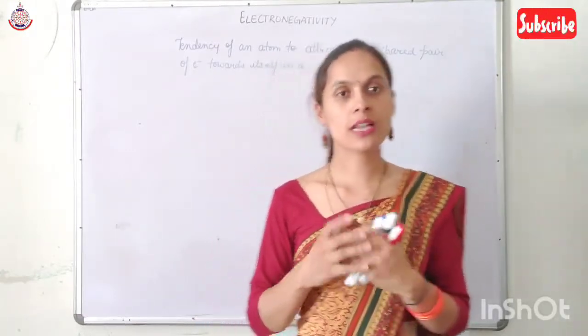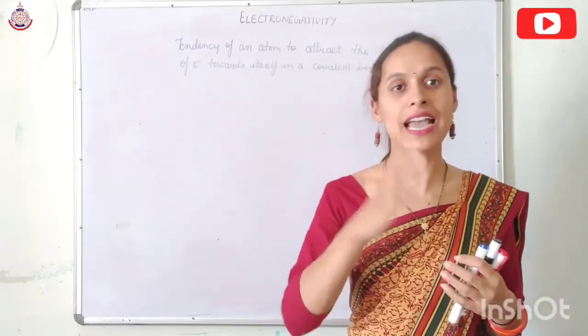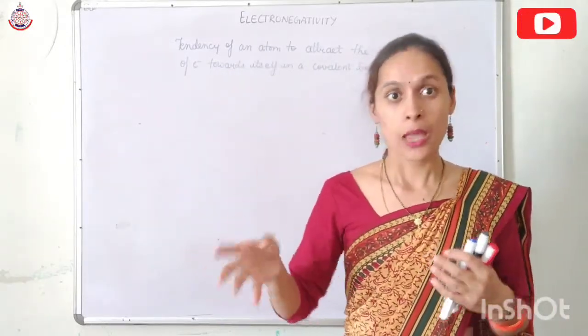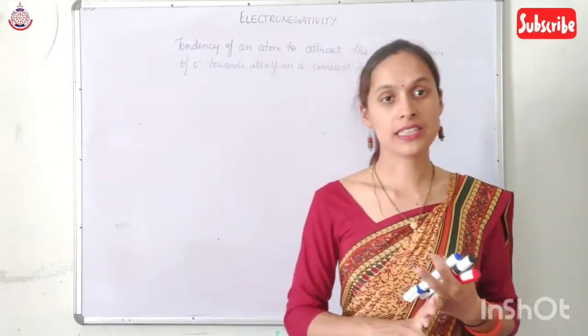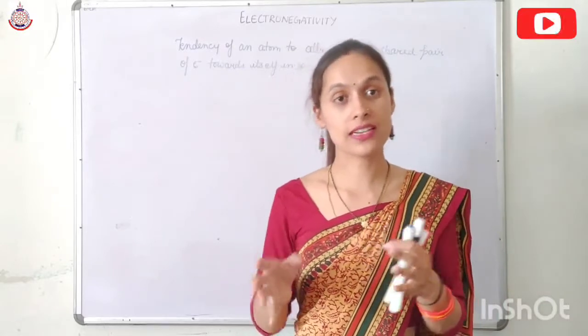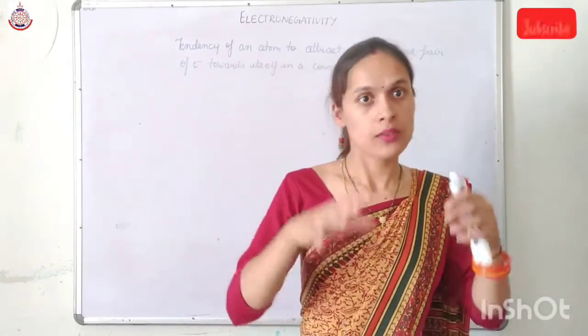Now, if we recall the atomic radii, the ionization enthalpy, the electron gain enthalpy: in the ionization enthalpy and electron gain enthalpy definitions, we introduced a term, the isolated gaseous atom. We calculate ionization enthalpy and electron gain enthalpy of an isolated gaseous atom, an atom which is separated from other atoms.